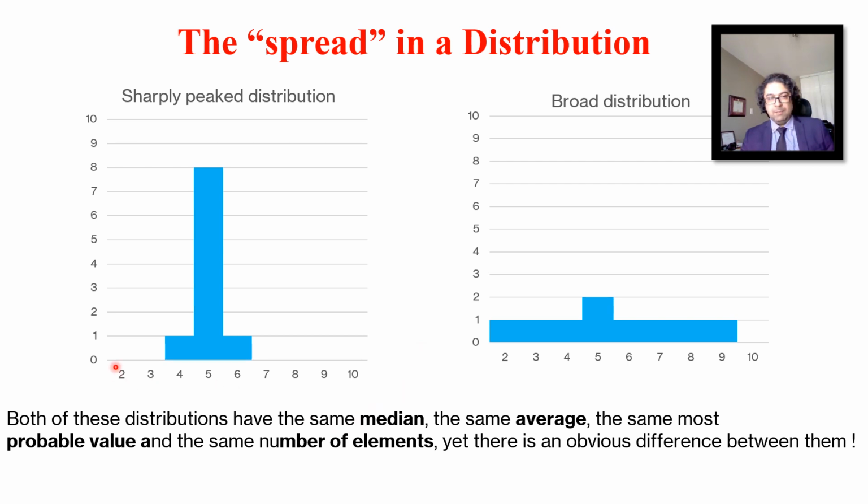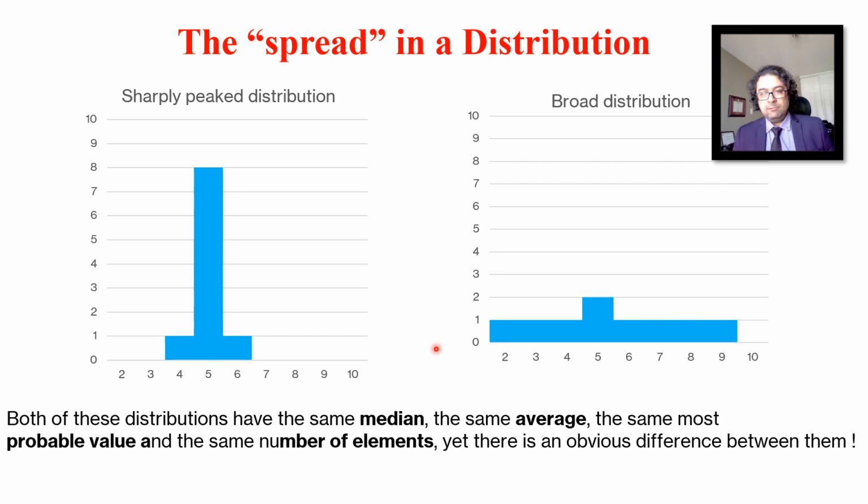So for instance, in both these distributions, we have the same median. We have the same average. We have the same probable value, and we even have the same number of elements. So all of those important definitions in the theory of probability, if I calculate them for both of these distributions, I would end up with the same results.